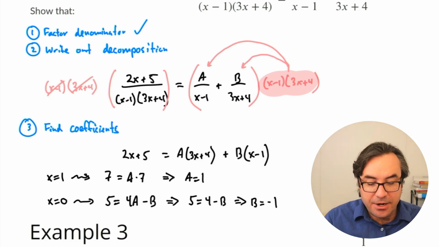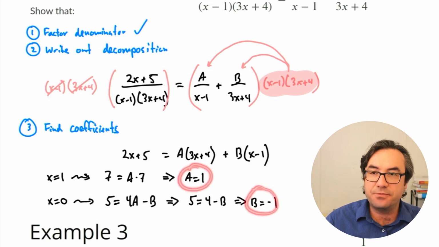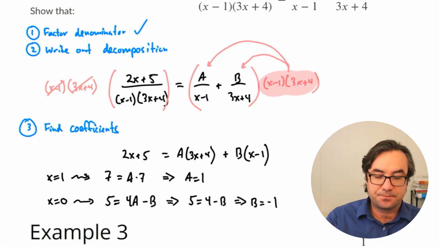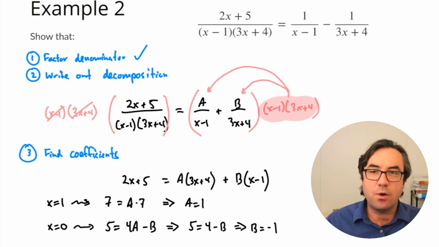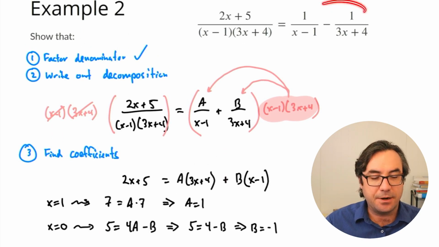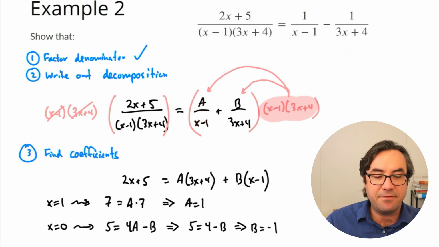And now that I know my two fractions, or my two constants here, my two coefficients, then the last step is, well, put it all together. And that's precisely what we've done right here. So instead of a over x minus 1, I filled in what my a value was.